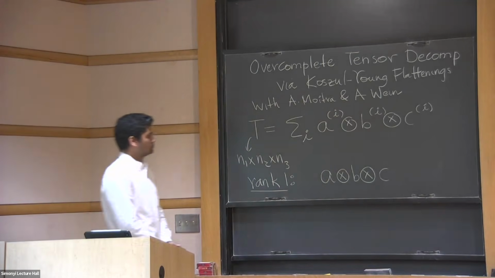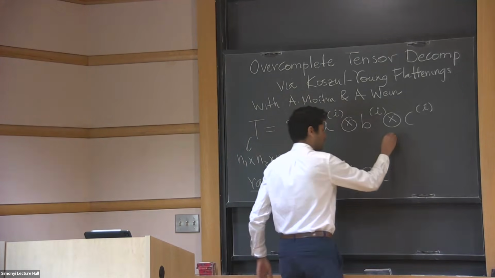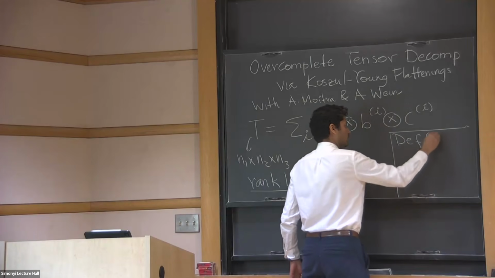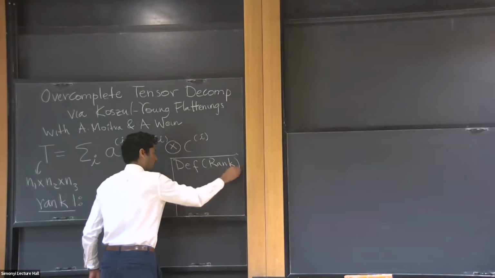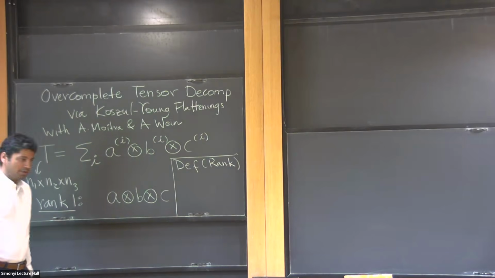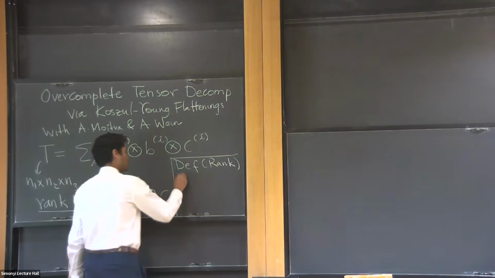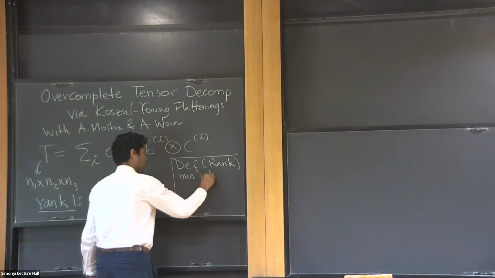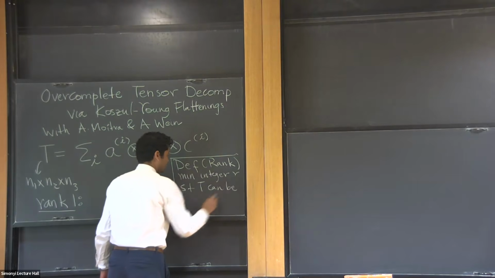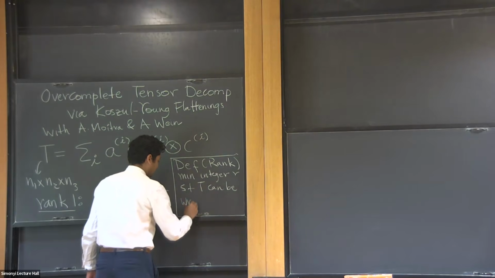Cool. All right, maybe I'll write one more definition here and then proceed. Definition: I'm going to call an n1 by n2 by n3 tensor a rank little r tensor, for a positive integer r, if r is the minimum positive integer such that T can be written as a sum of r rank 1 tensors.